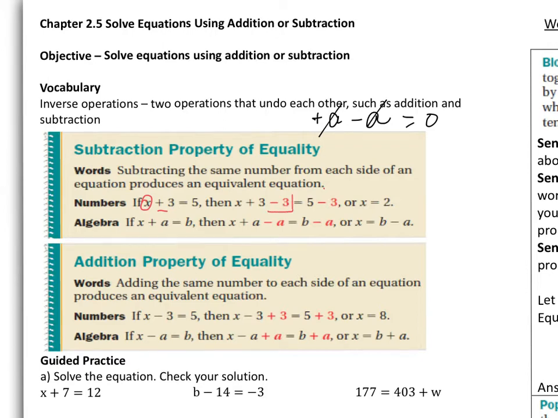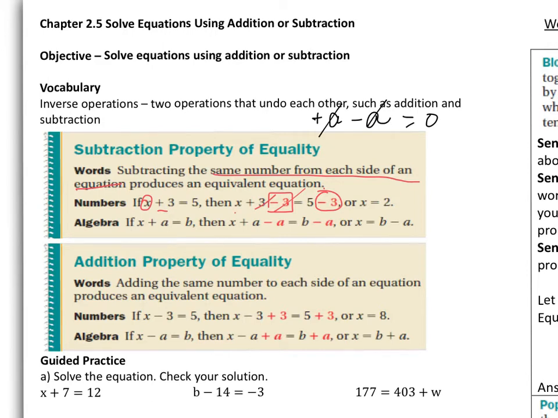So negative 3 here would be the same number from each side of an equation. After I subtract 3 from both sides, I should get x equals 2.